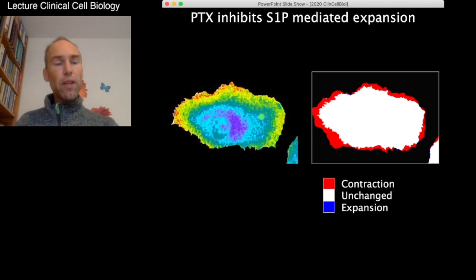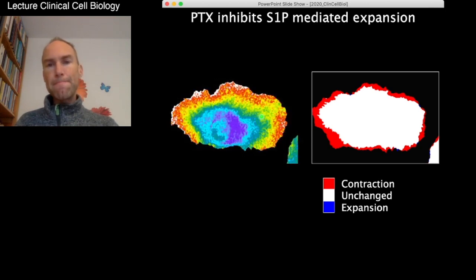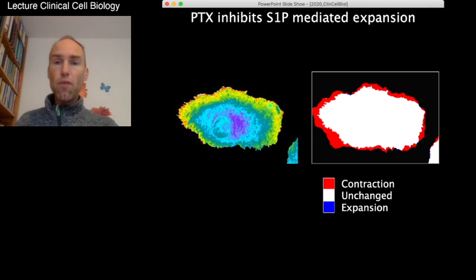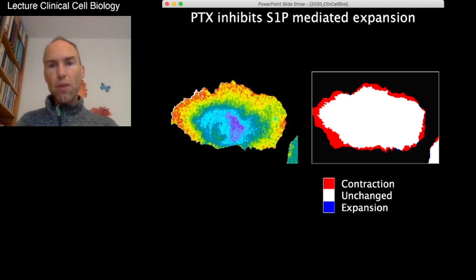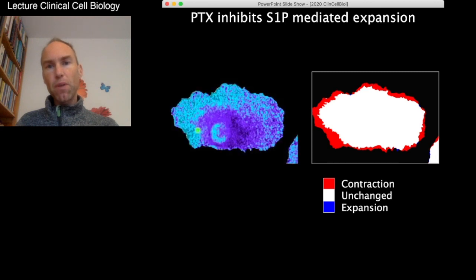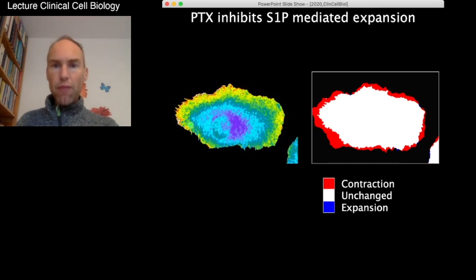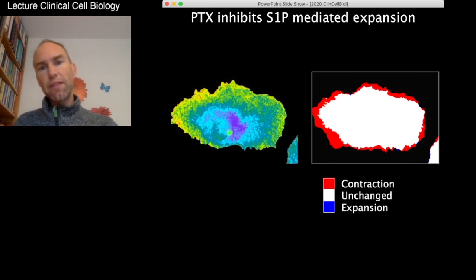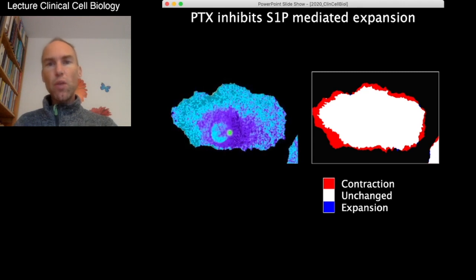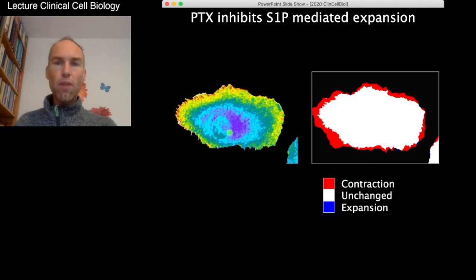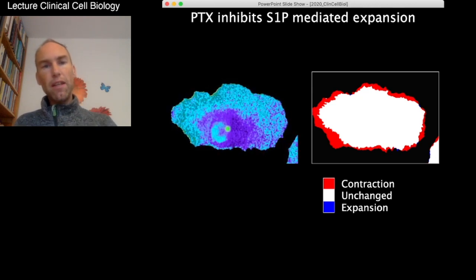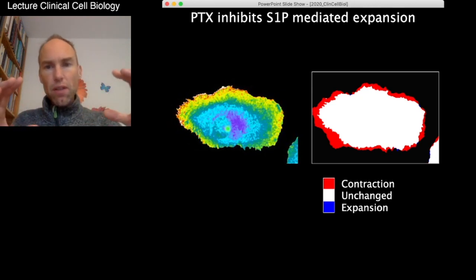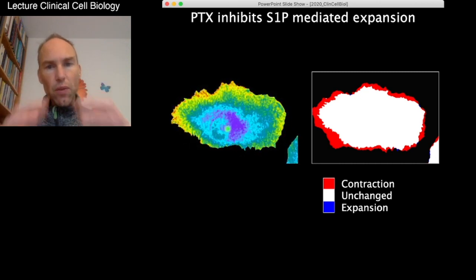Now if we look at the cells, and that's what we did, we get movies like this. So again, we measure here the response of a FRET sensor, which is right now not that interesting. What you see now when you add sphingosine 1-phosphate to this cell that is pre-treated with pertussis toxin is that instead of an area increase, we get an area decrease.